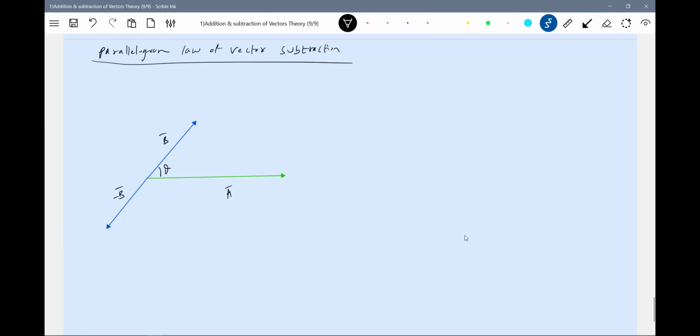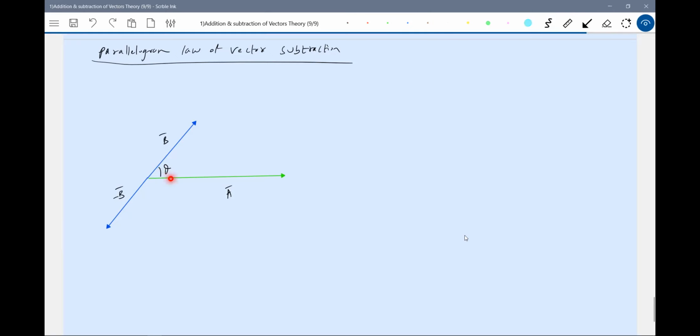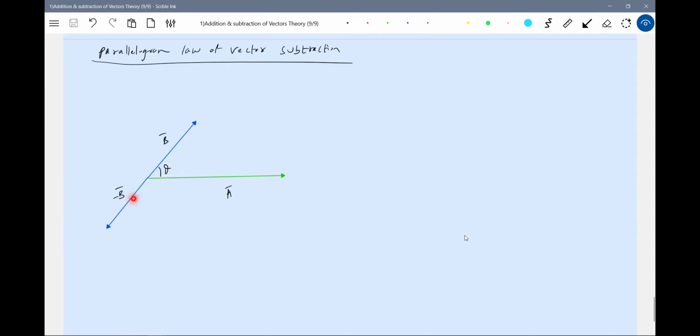What you have to do using parallelogram, how to find out. Theta is the angle between A bar and B bar. Now what is the angle between A bar and minus B bar? 180 minus theta. So this angle will get a specific symbol. Let me call that phi. And we know how A bar minus B bar will be directed.